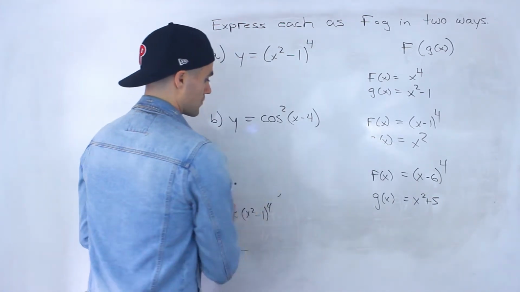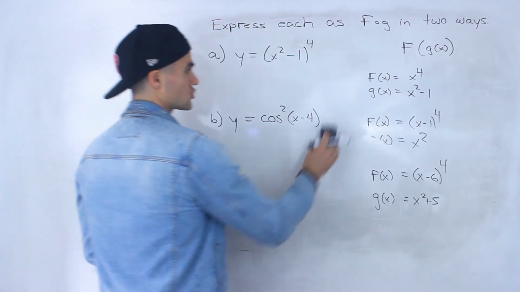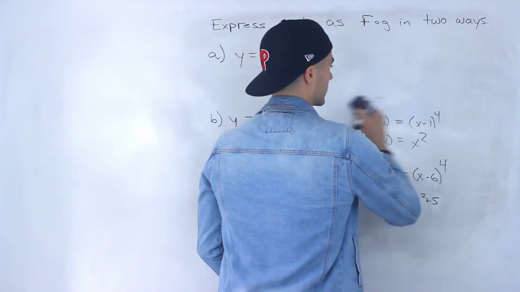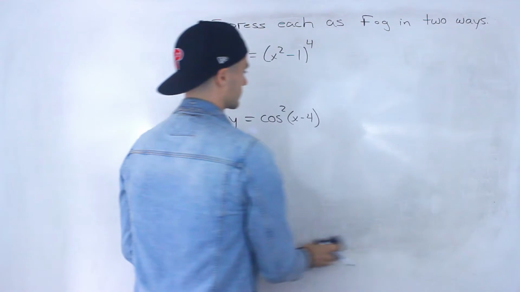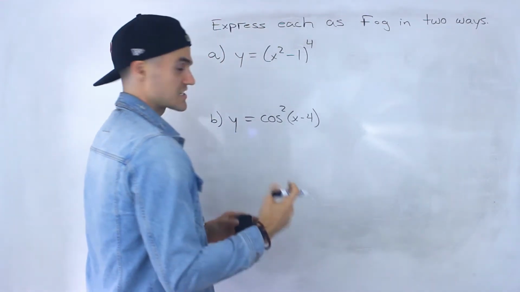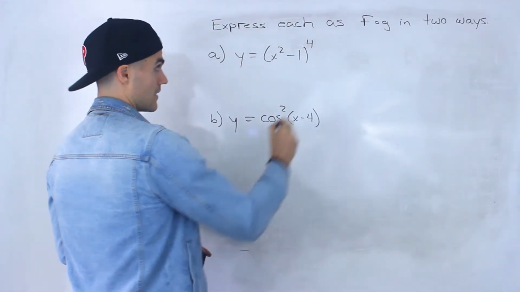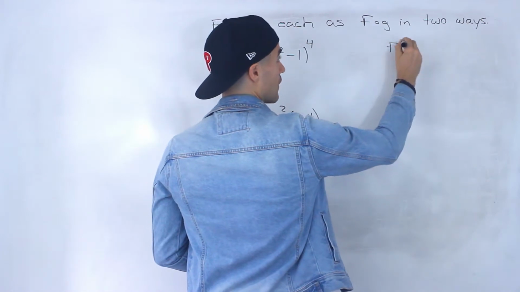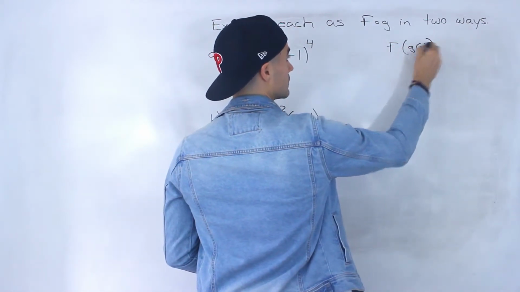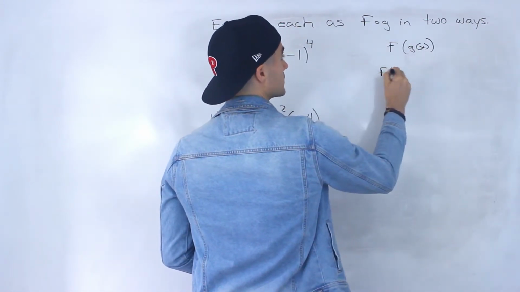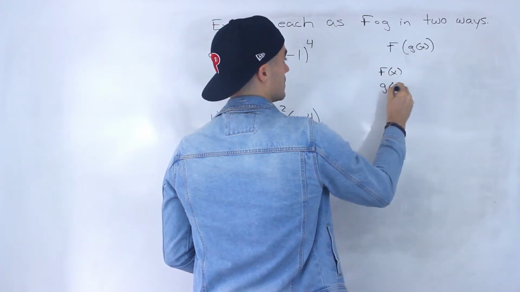Okay, now what about part B? We have cos squared of x minus 4. We have to express this as f of g of x. So what are some possibilities for f of x and g of x?